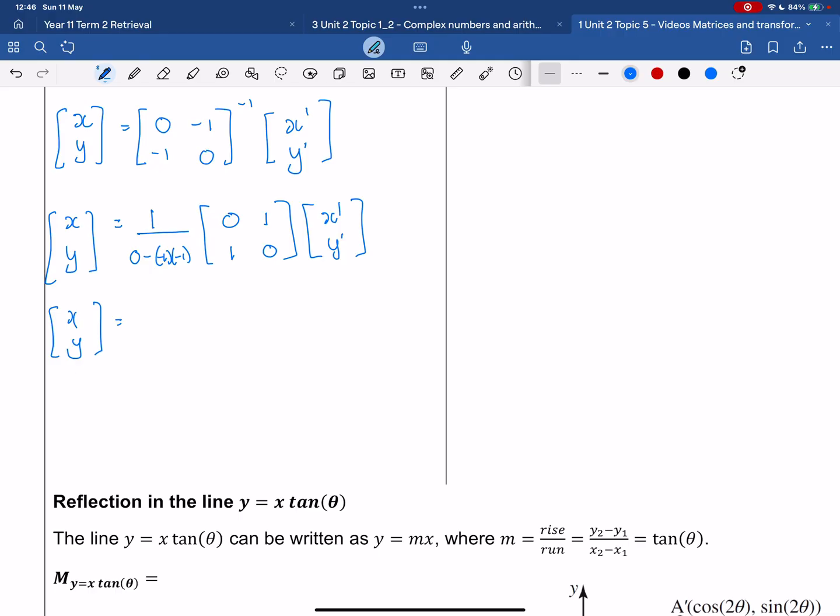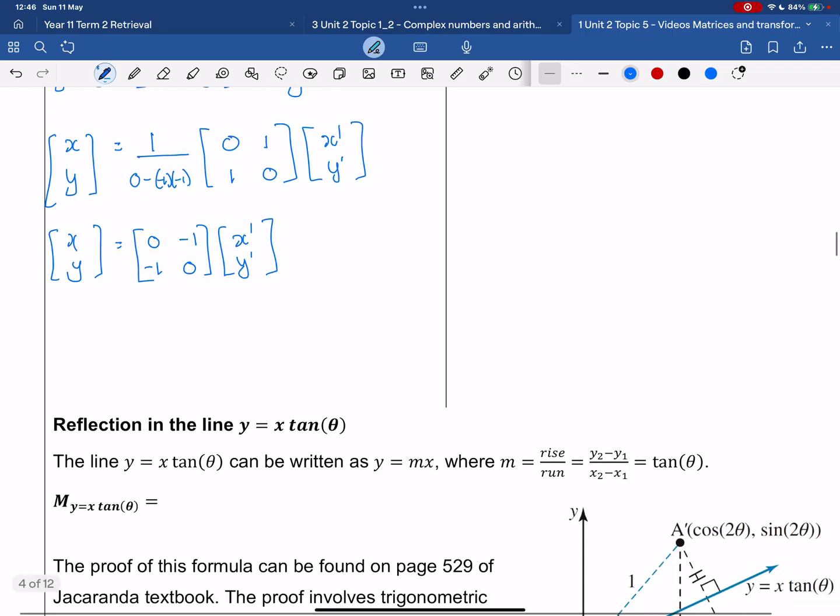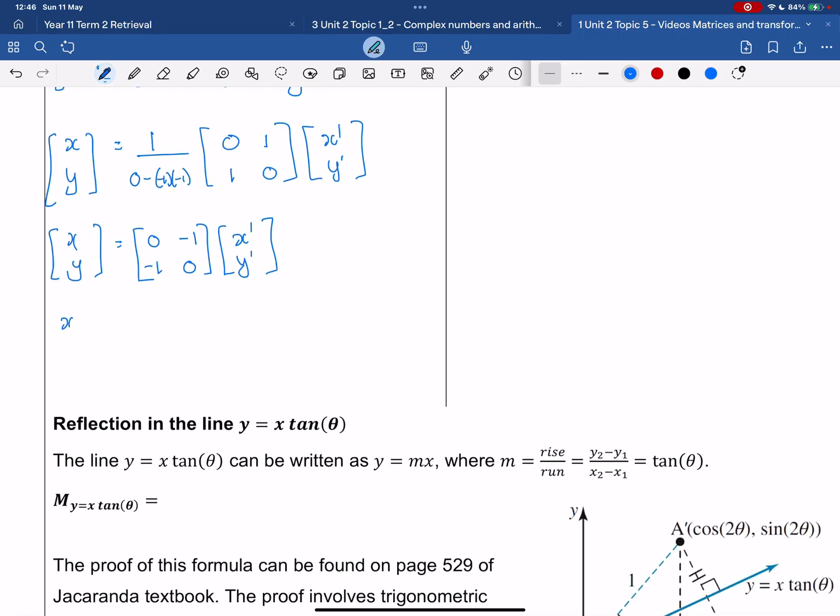Okay, so we get -1 multiplied by the matrix 0, -1, -1, 0 times (x primed, y primed). And when I perform my matrix multiplication, I've got a 2 by 2 and a 2 by 1, so I'm going to end up with a 2 by 1, and I'm going to get (-y primed, -x primed).